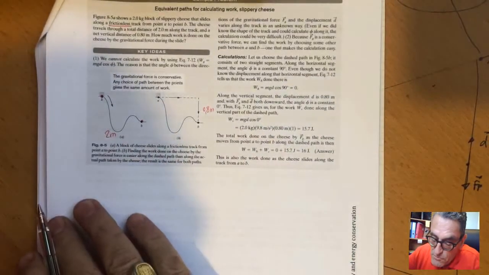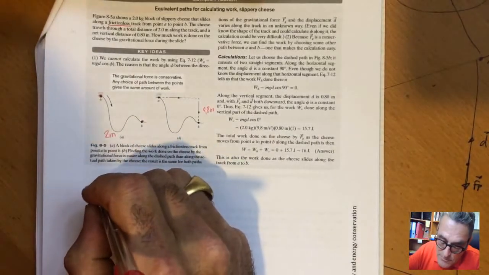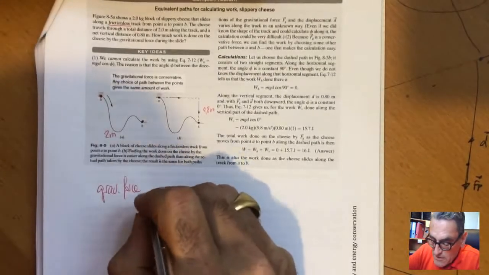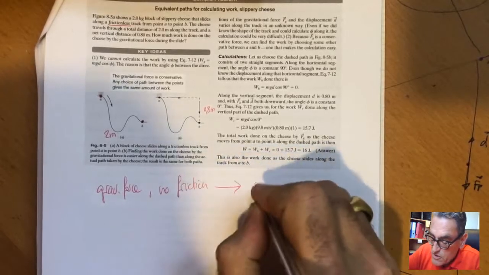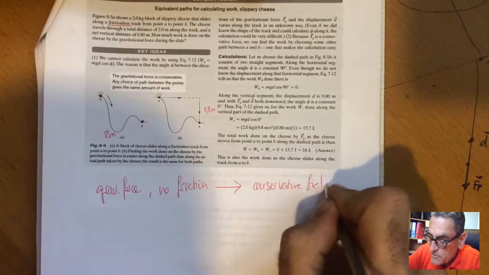Okay, so let's compute it. What's the line of reasoning here? It's a gravitational force acting and there is no friction. So this is clearly a conservative field.